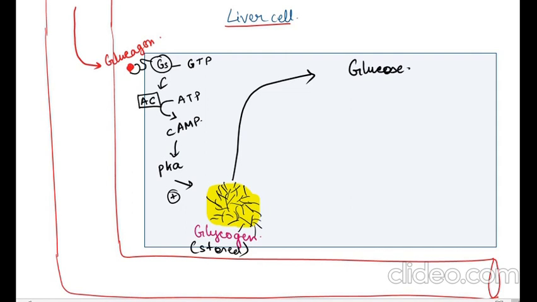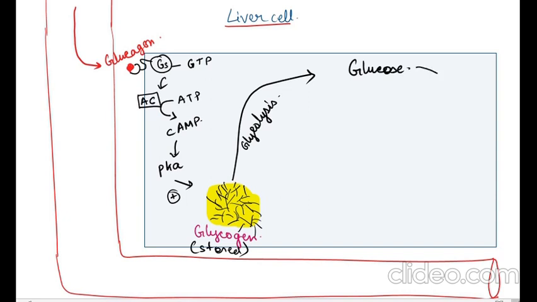So this glycogen will be broken down into glucose. This process is called glycogenolysis, the breakdown of glycogen. By this process, glycogen is broken down into glucose.